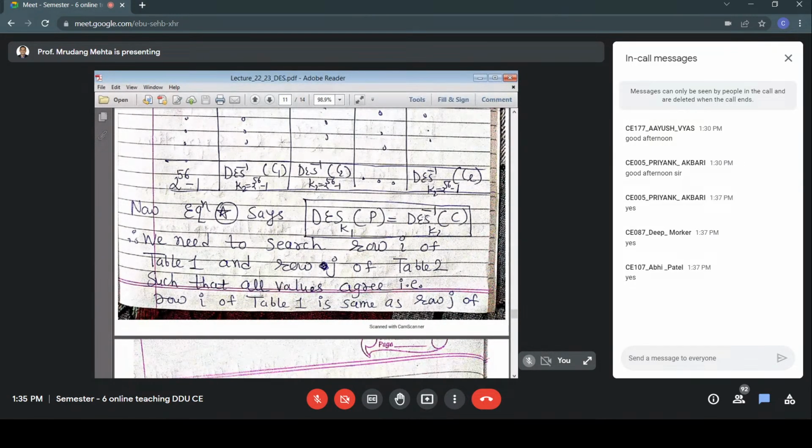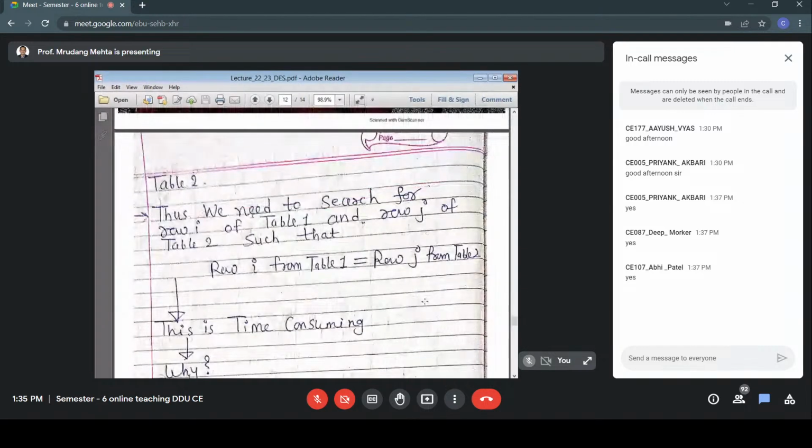So if we match the entries of the two tables, then we need to search row i of table 1 and row j of table 2 such that all values agree, right? So row i of table 1 is same as row j of table 2.